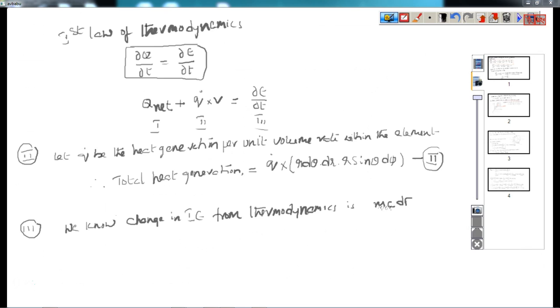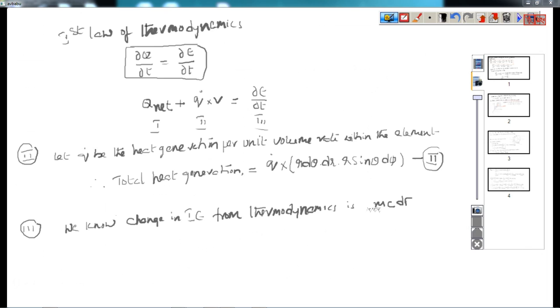The units: mass is in kg, specific heat is in kilojoule per kg Kelvin, and dT is in Kelvin. The Kelvin gets cancelled, kg gets cancelled, and what is left is kilojoules.